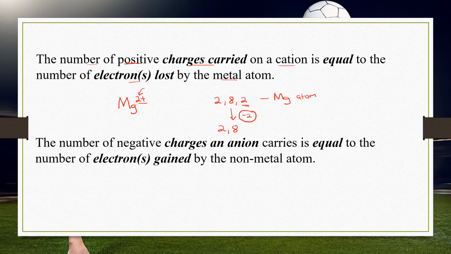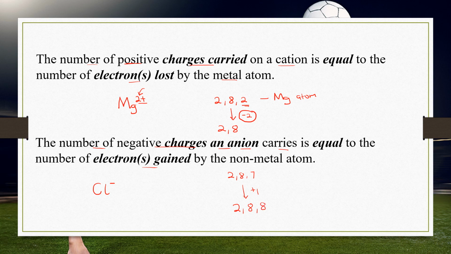The same thing happens for the non-metals. The number of negative charges an anion carries is equal to the number of electrons gained by the non-metal. We had a look at the chloride ion with a minus charge. It had 2-8-7. However, it gained 1 extra electron and it obtained a new electronic configuration of 2-8-8.